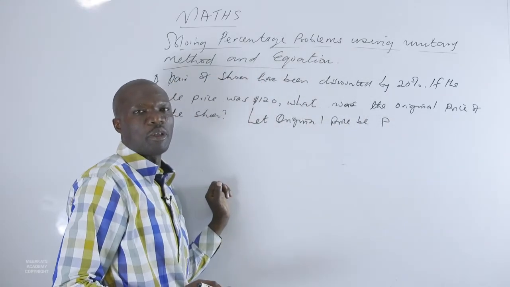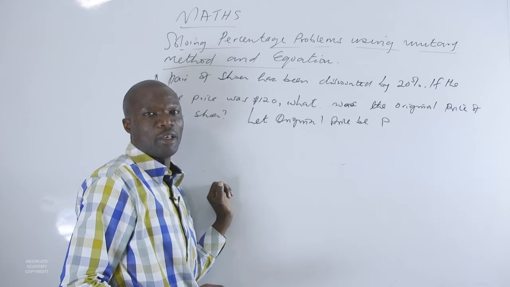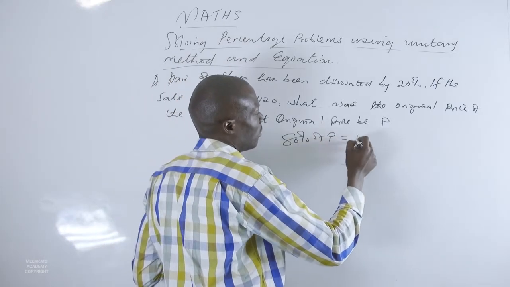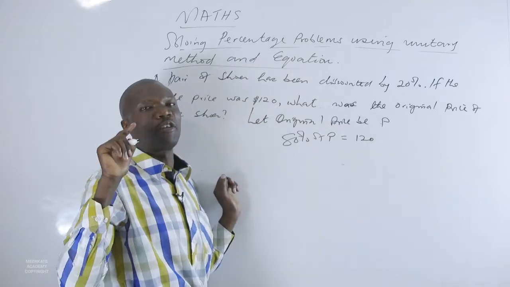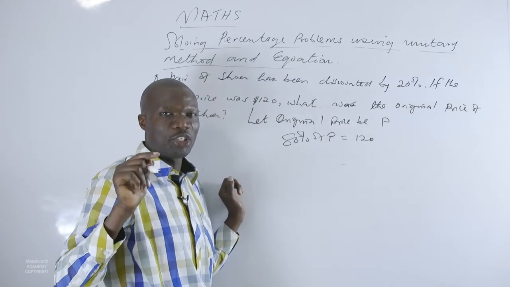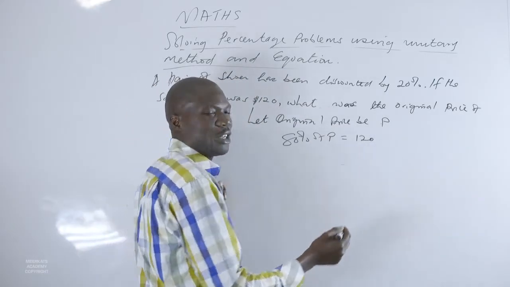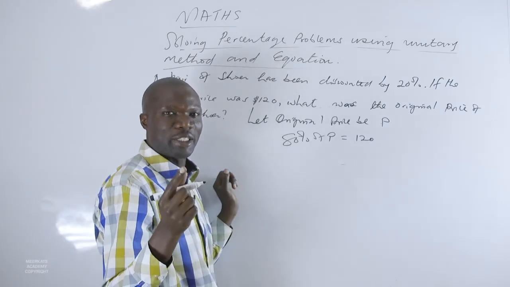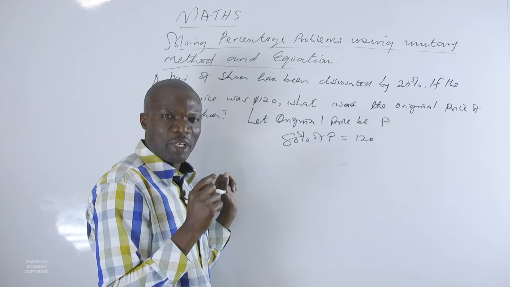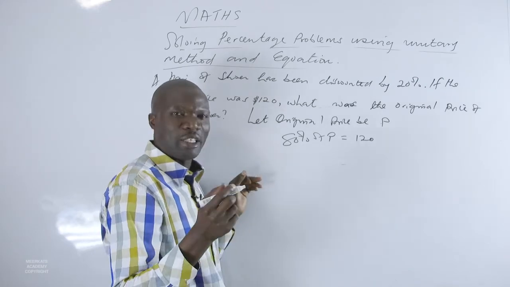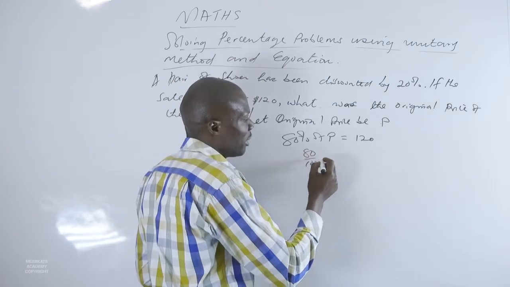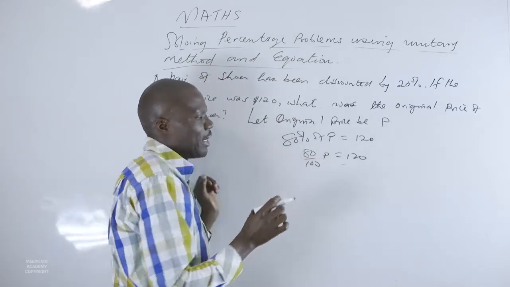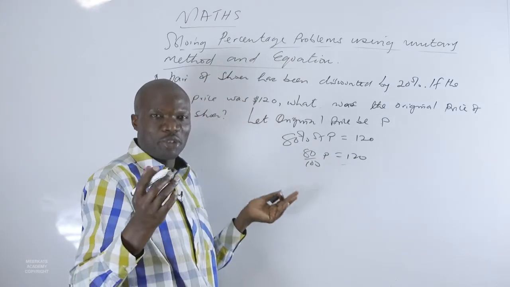I've called it P. Therefore, 80% of P, where P is the original price, is $120. 120 represents 80% of P. 80% is the same as a fraction over 100. So we have formed an equation: 80 over 100 P is equal to 120.